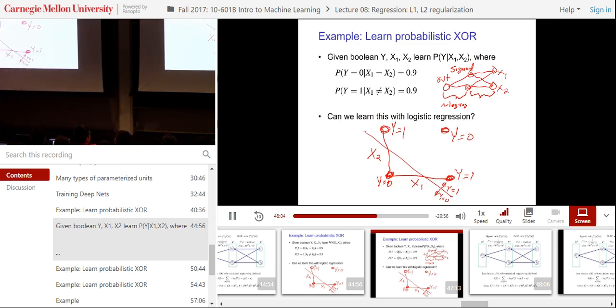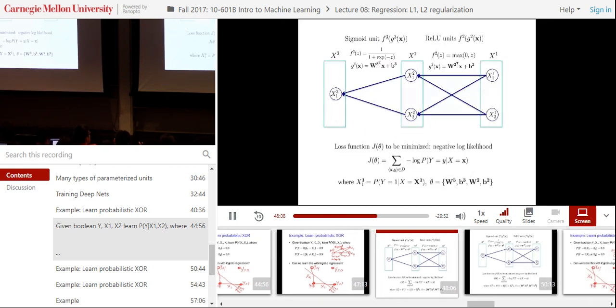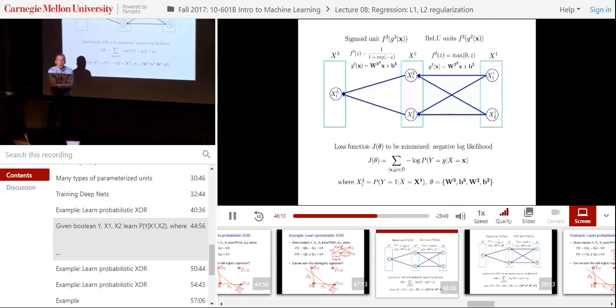All right, so that's what we're going to do. And to be more precise, here's my proposed network drawn a little more carefully.